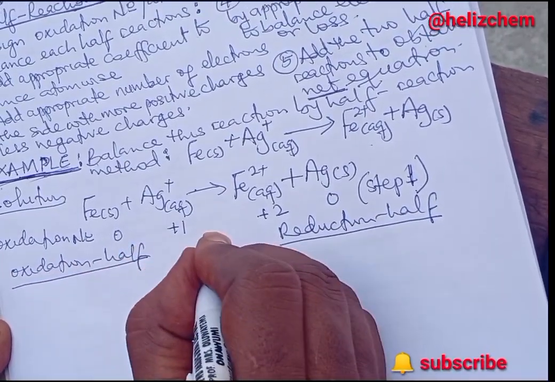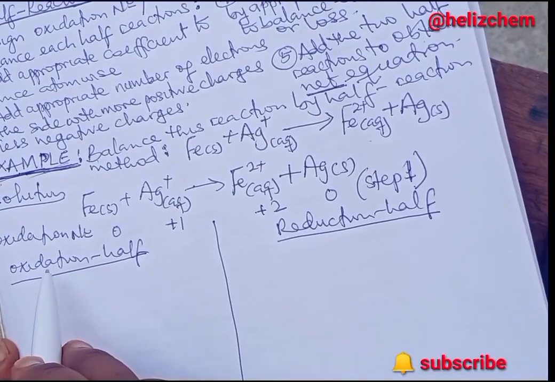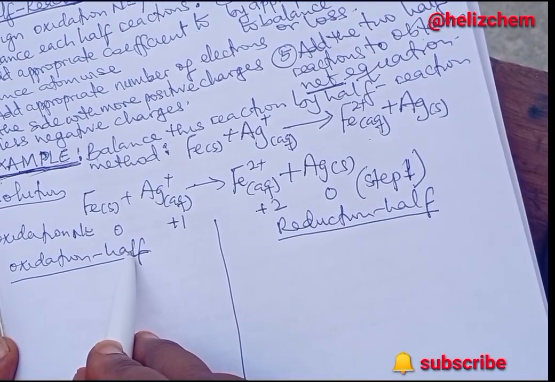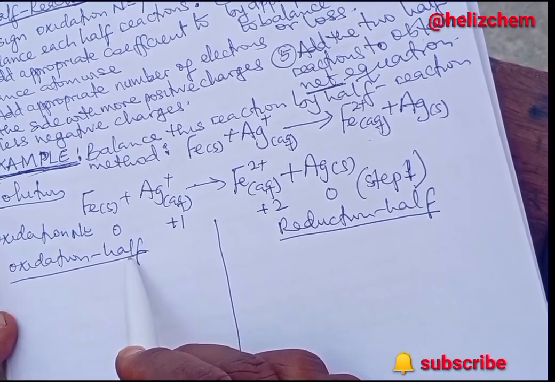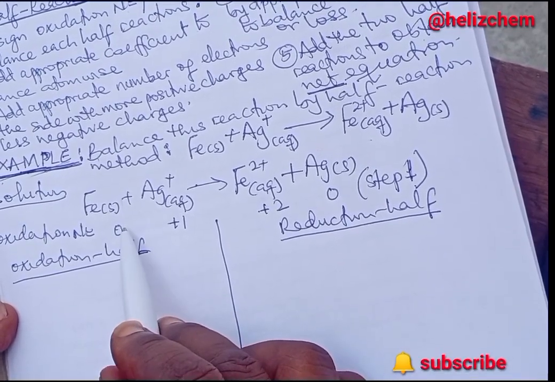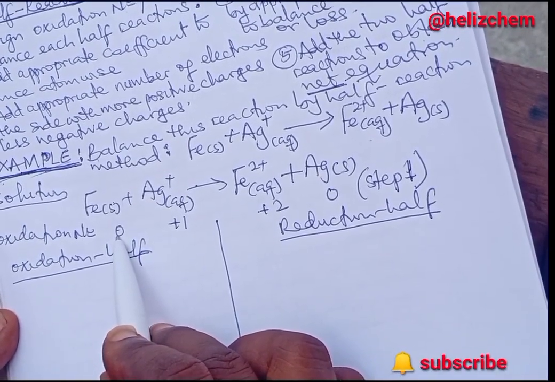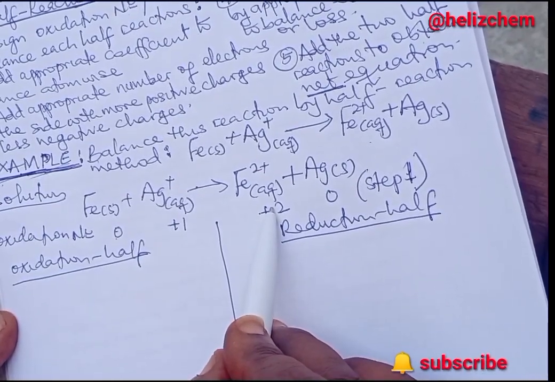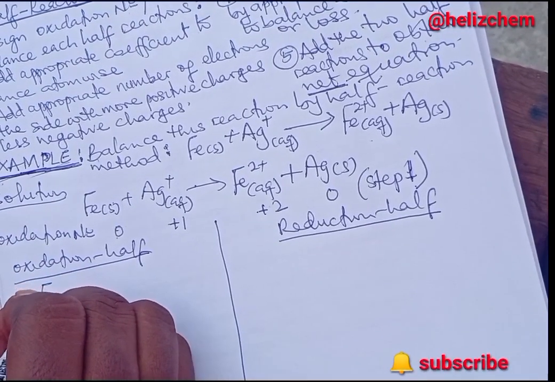Our oxidation half, if you look at it, oxidation means increase in oxidation number. And if you look at this reaction now, the ion with oxidation number of 0 is going to +2. That is oxidation.